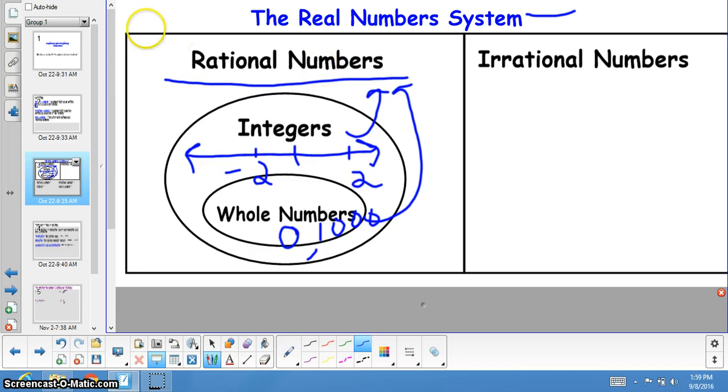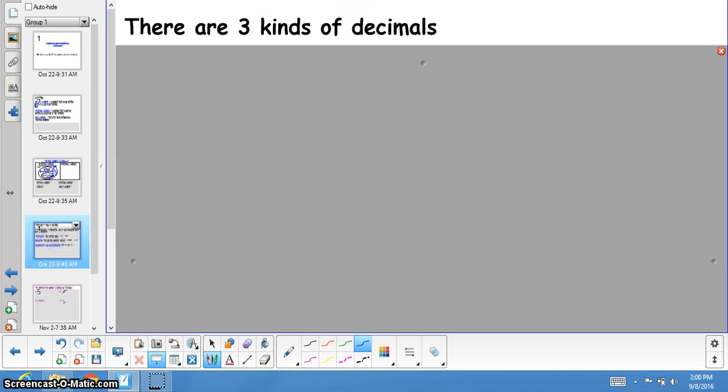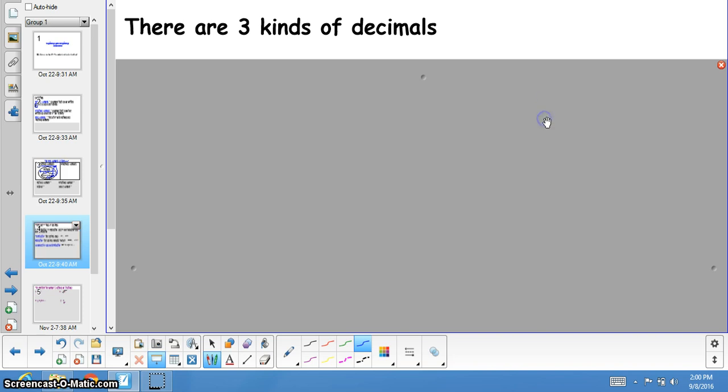So let's talk about sometimes where you have numbers that you maybe don't know if it's rational or irrational because it comes in fraction form. Well, keep in mind fractions, for example, 1/2.